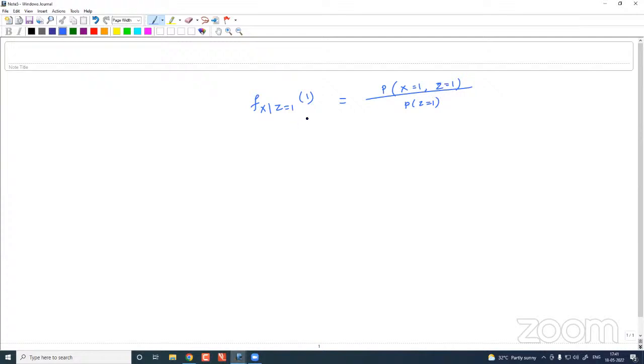Sir, please explain. Yeah. Tell me, what is the problem here? Do you understand what I have written here? It is a conditional probability. This is nothing but the probability that x equals to 1 given that z equals to 1. So how do you write that?